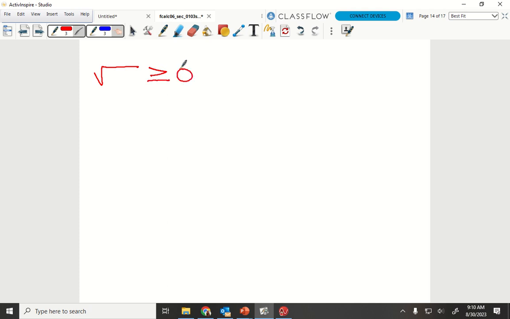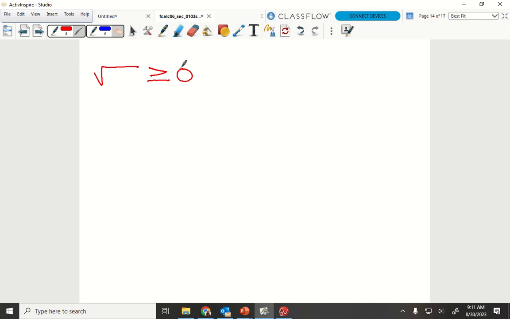So if I'm plugging in numbers like 6 minus 6 inside the radical, I could have 6 minus 6, right? Yeah, it equals 0, and square root of 0 is 0. Good. So I know that is going to be a restriction on my domain. Whatever this is, it has to be greater than or equal to 0.